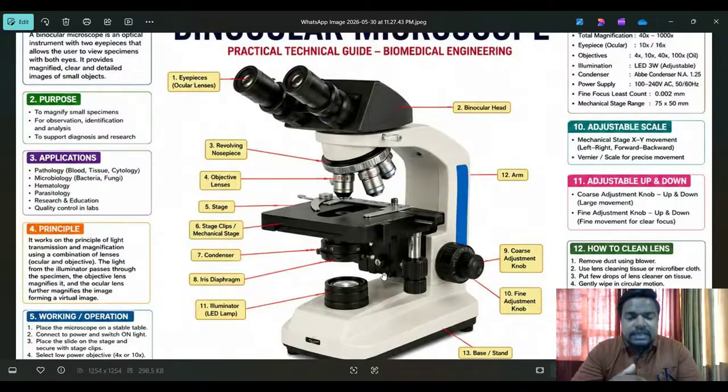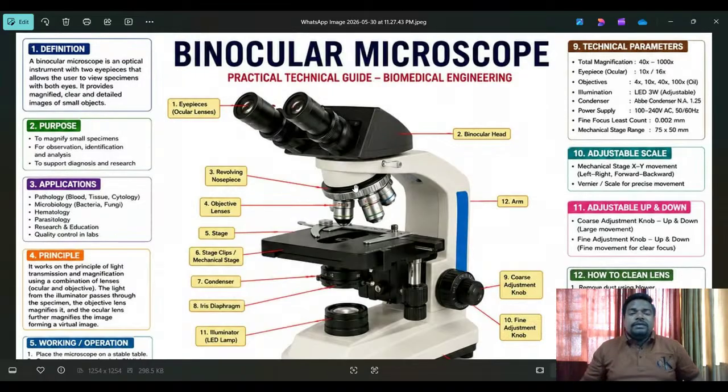My intention is that after listening to my live session, you should be perfect about the binocular microscope: how to operate it, the parts of this machine, what problems will come, how to clean the lens, what is needed for best cleaning, how to adjust it up and down, applications and principles, the purpose of the equipment, definition and working operations. So many things I'm going to cover. Without paying anything, just listen to my live session. Definitely you will get good information for the basics of biomedical engineering.